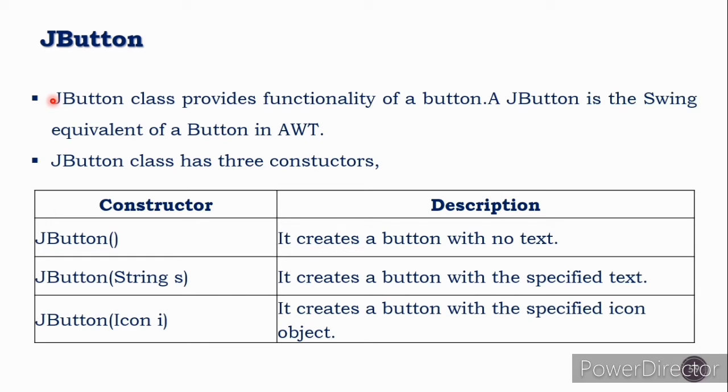Already we have seen the button click event, right? At that time an action event is generated. Like that, when we push or click on a JButton, some action will happen in the background.